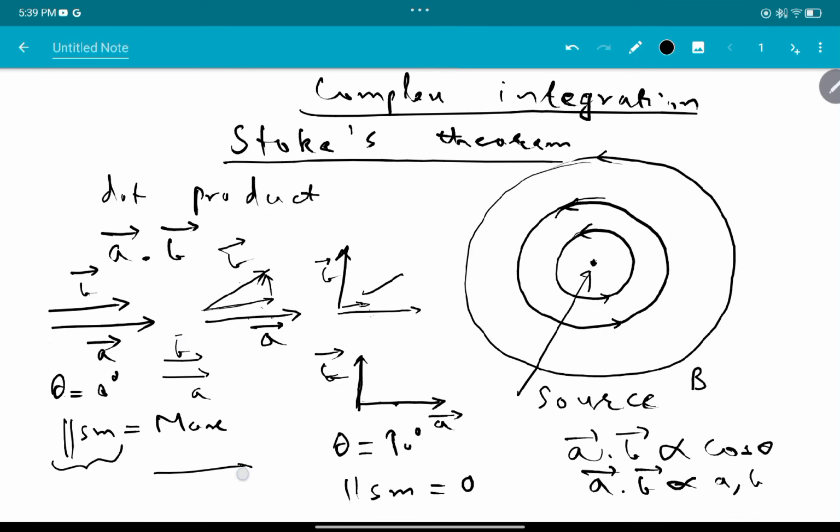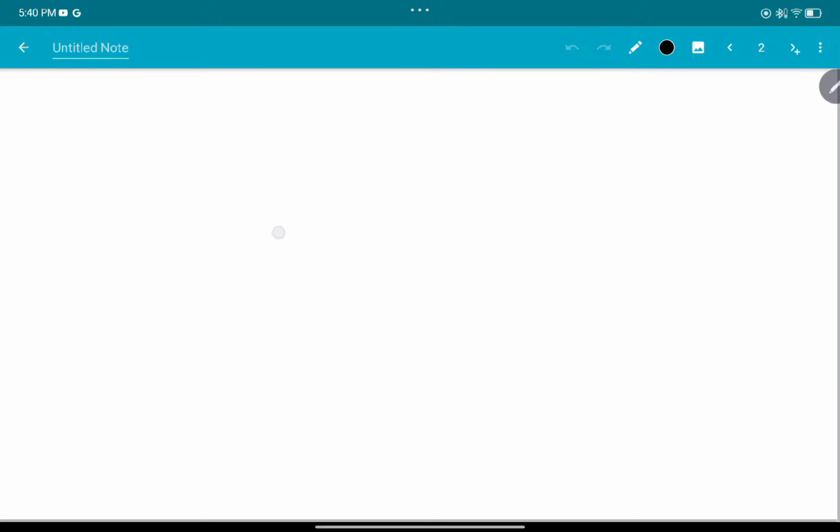But if you take these two vectors of greater length, these two also have a dot product, but that will be larger than this, not because of the angle, but because of the lengths, because of the magnitudes. So we combine all this and we reach this conclusion that dot product, that is parallelism between two vectors, is equal to A B cos theta.